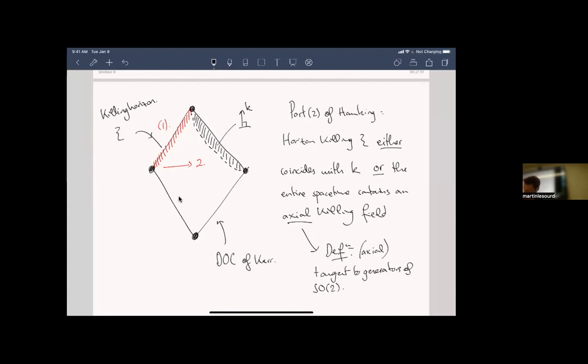Okay. So killing field M is axial if it's tangent to generators of SO2.